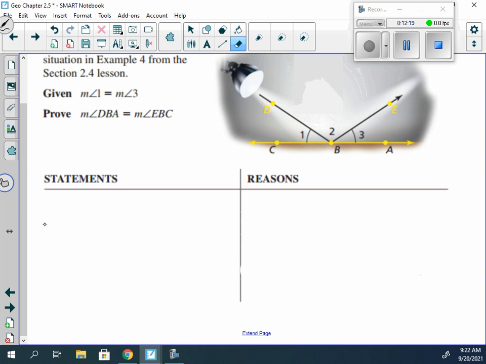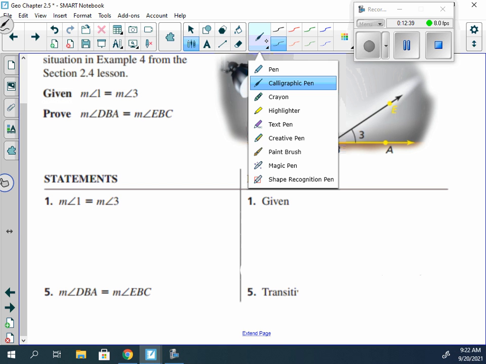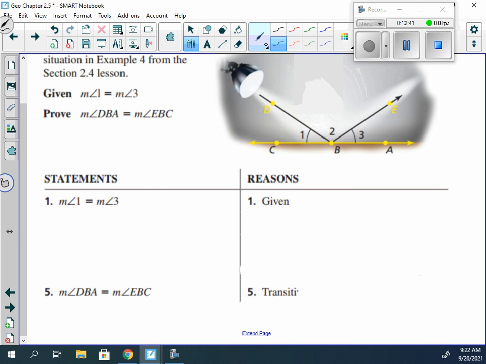Well, what can we start out with? Well, the given information. Because that's what we're always going to start with. And what are we going to finish with? What we're trying to prove. That these two angles here are equal.